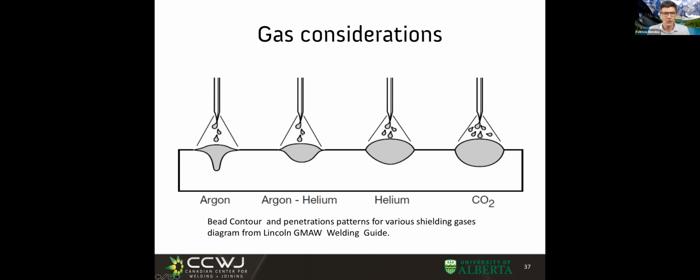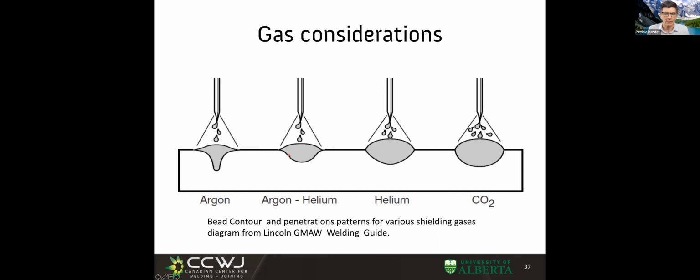About argon and helium, it shows here, okay, let's go here, CO2. CO2 cannot have spray transfer, so we don't have a deep weld pool, right? We have this kind of blob weld pool, and we don't have this poking with the finger effect at the bottom.